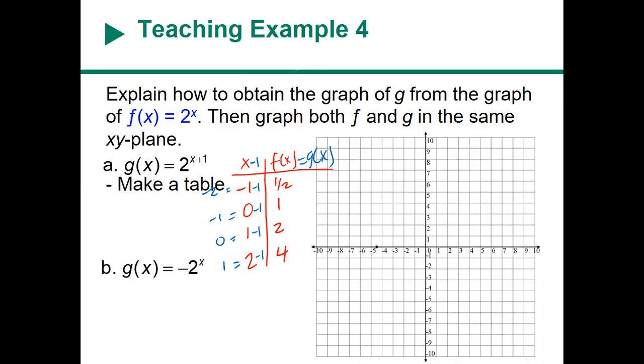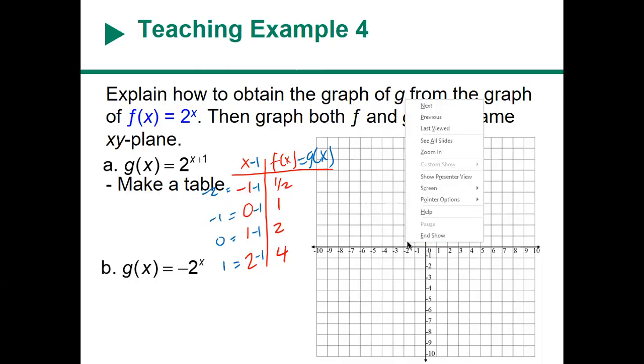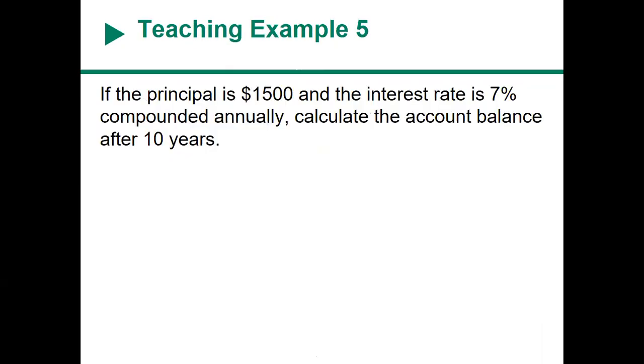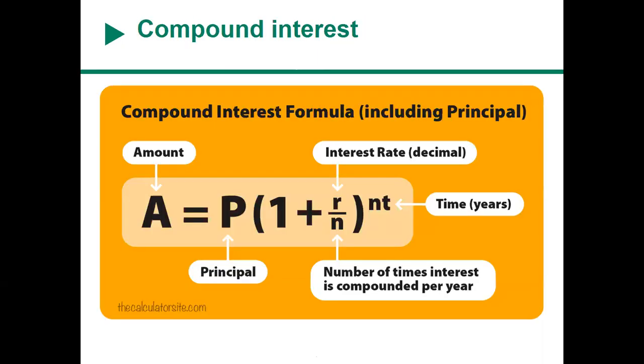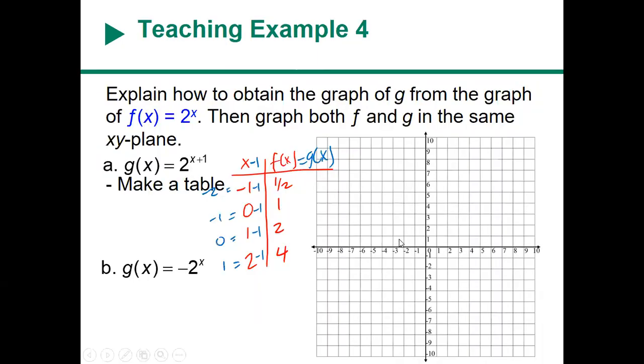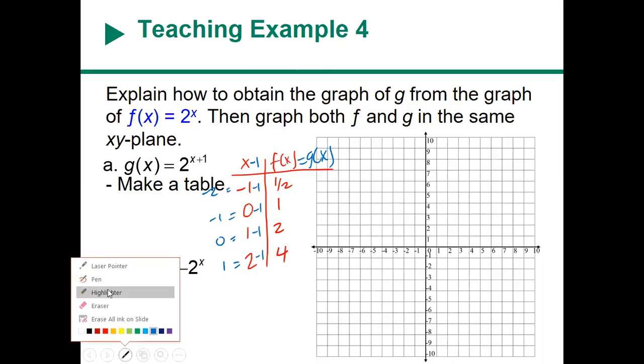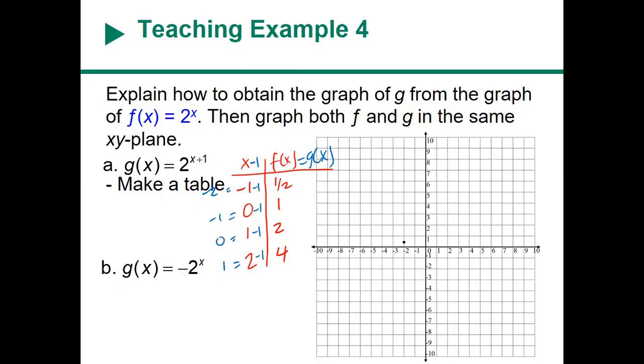So at negative 2, I'm now at 1/2. I just wanted to make a dot. Okay, let's try that again. At negative 2, I'm at 1/2. At negative 1, I'm at 1.